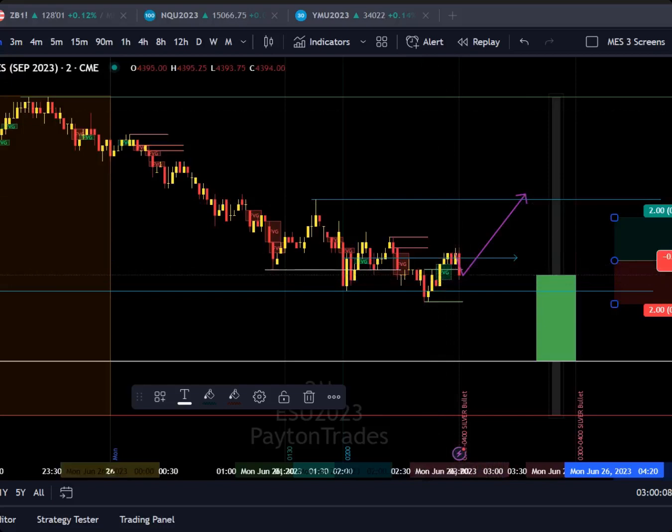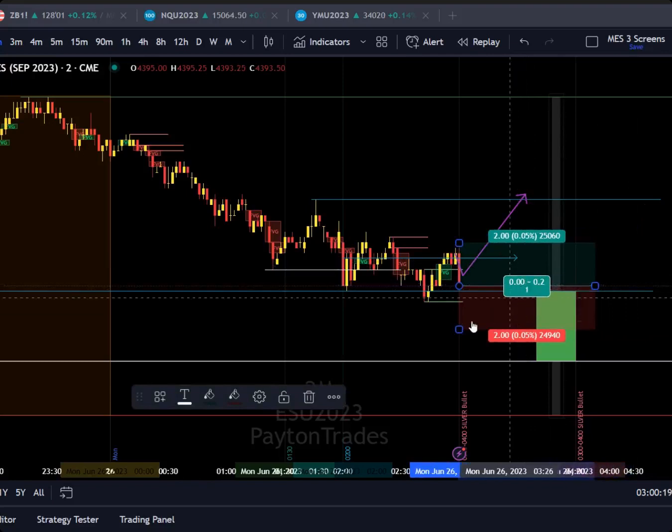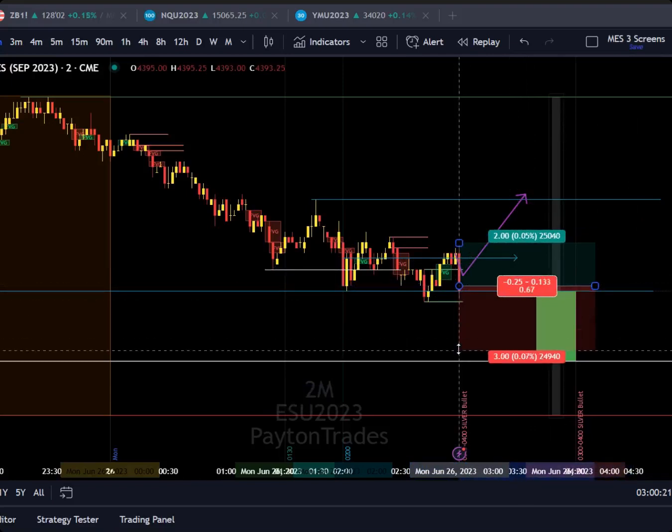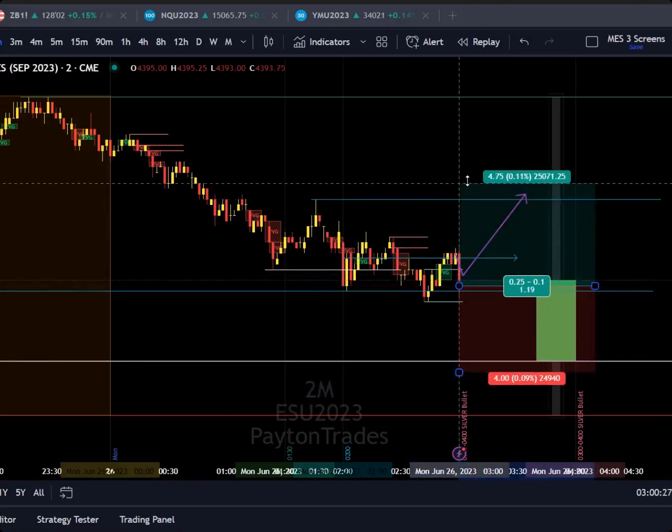It's trading down into the green box to balance price. Now, if I was to take this trade, I would enter here. Stop loss is 16 points. If, this is not my setup, if, and then target this high.